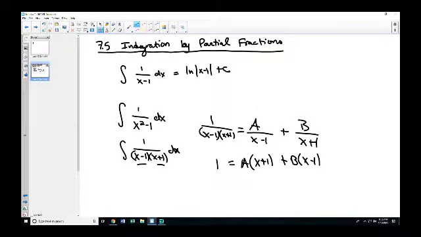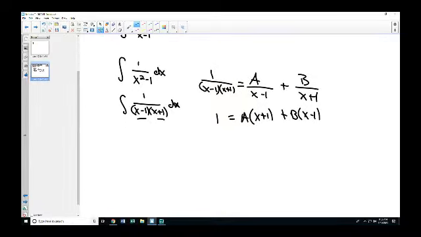Okay. Now here's what's really nice about these: we know they are defined for all real numbers. So I can pick any x value that I want and plug it in there. I would pick 0. I would pick 1.